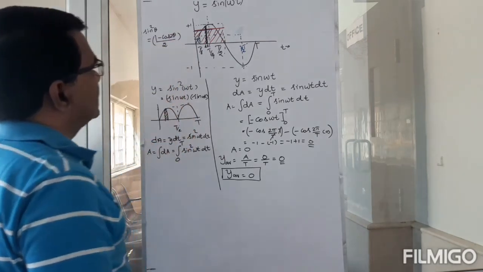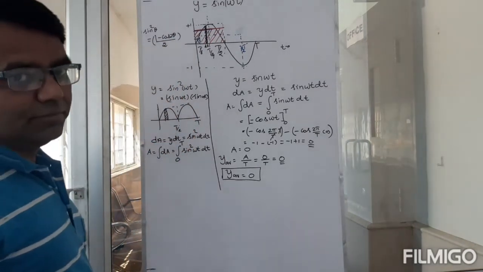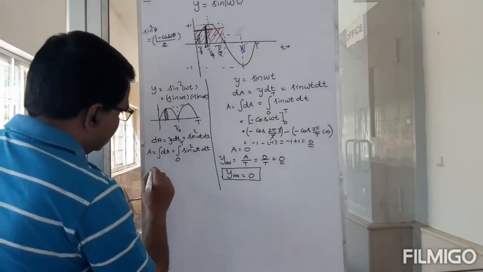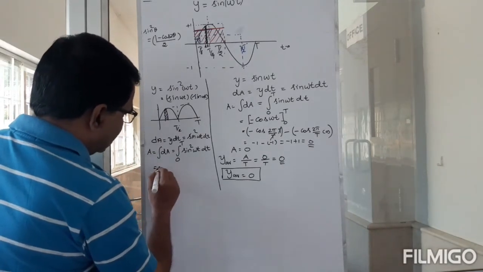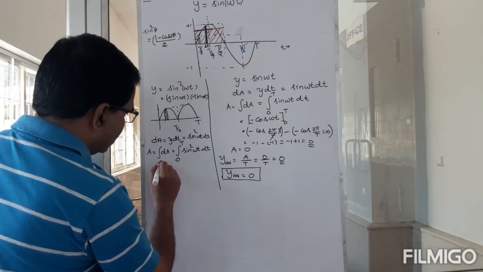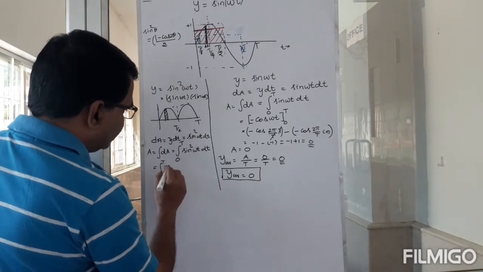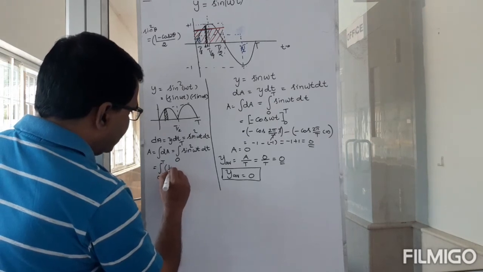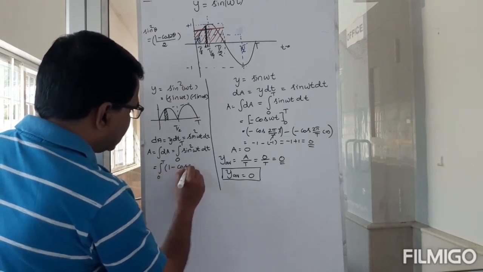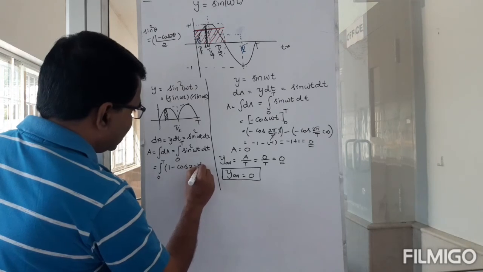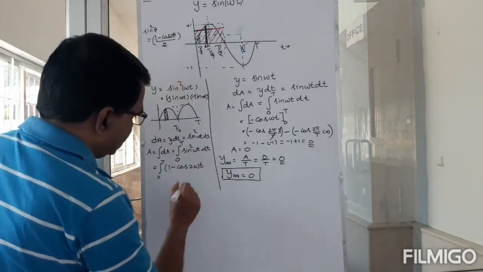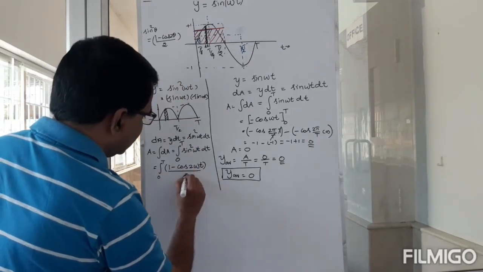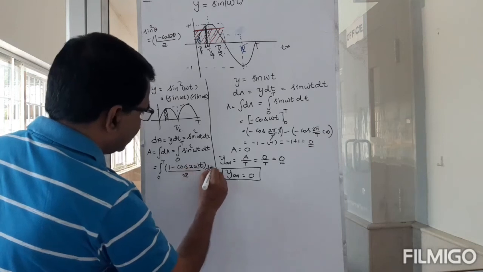This is the identity we will use here. If I do that, you can see that is going to be 0 to T, and this would be 1 minus cos 2 omega t, where omega t is theta, divided by 2 and then dt.